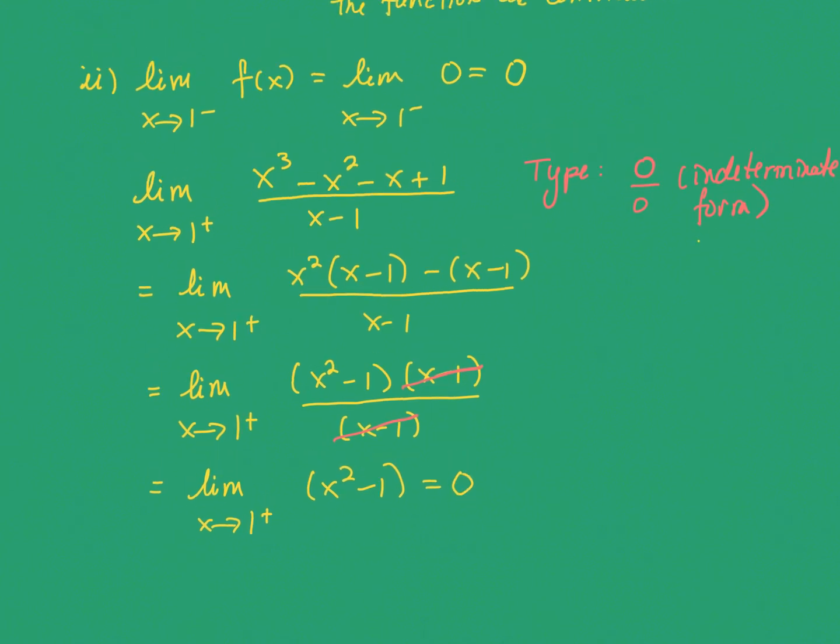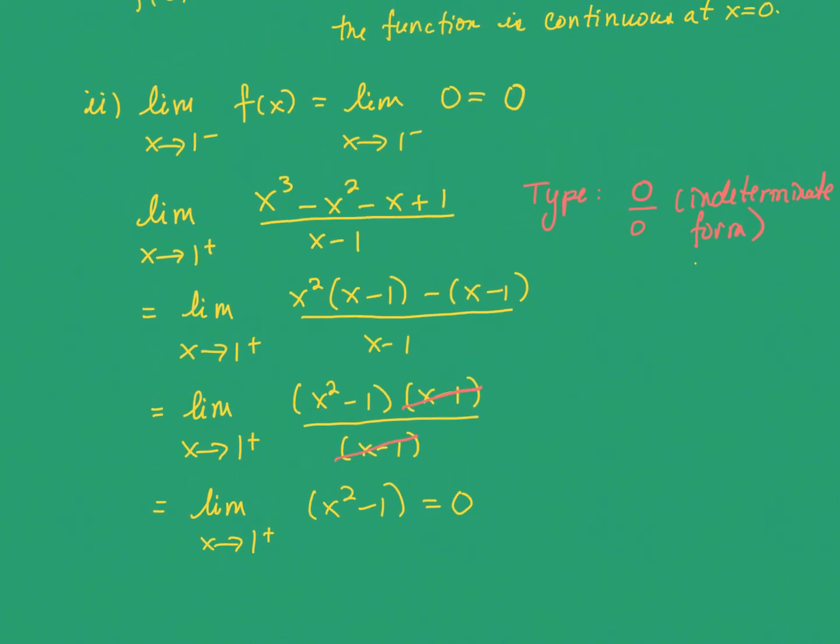And that's good because that is the same thing that we got when we did the limit as x tends to 1 from the left of f of x. We got 0 in both cases. So the function passed the first test at x equals 1 to be continuous. The right and left hand limits are equal. But there's another thing we need for f to be continuous at 1. The right and left hand limits have to also equal the function value.